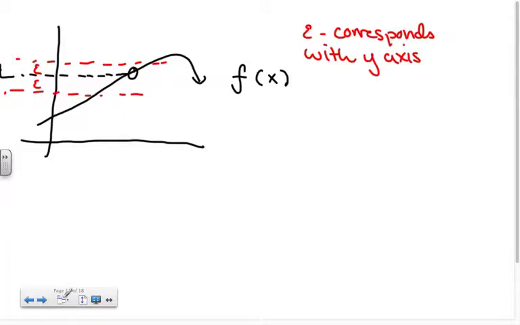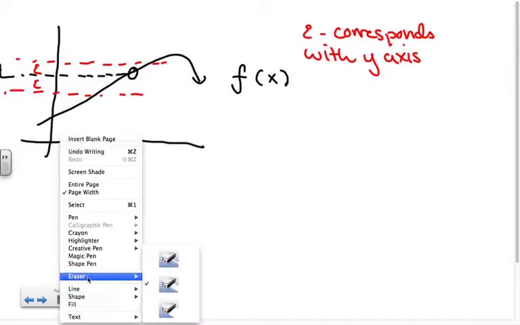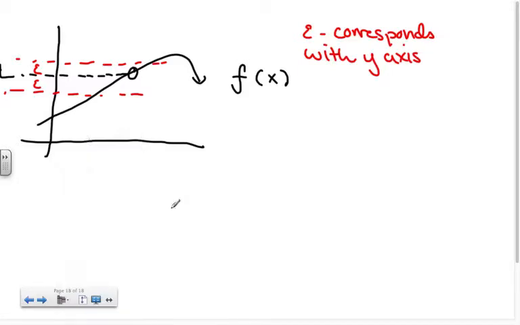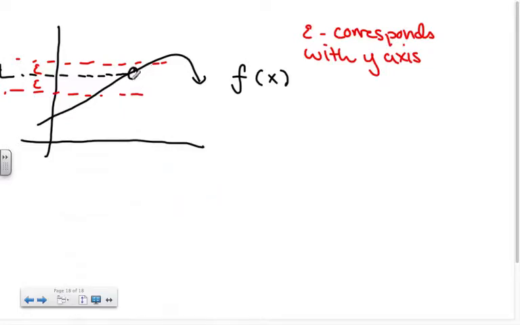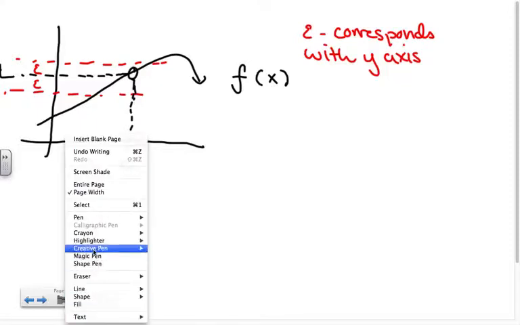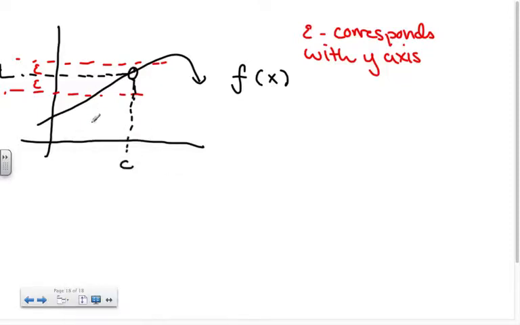Now I'm going to use the color purple. And in the same situation, let me get back to black here. This is our letter C, because that's what we're approaching. And then in purple, the distance between here and here is delta.